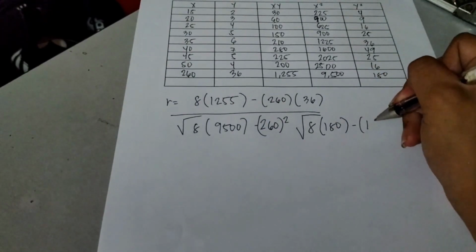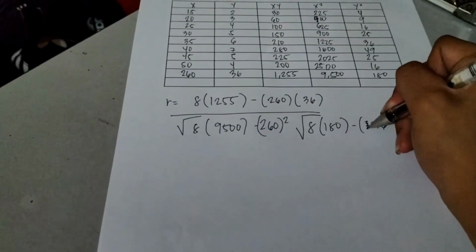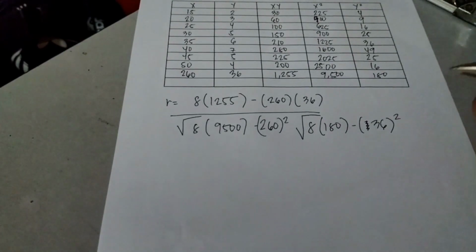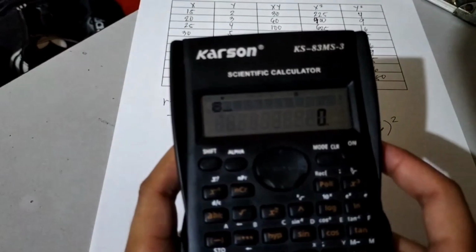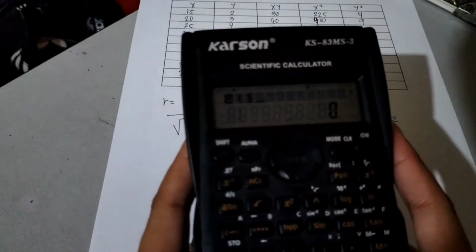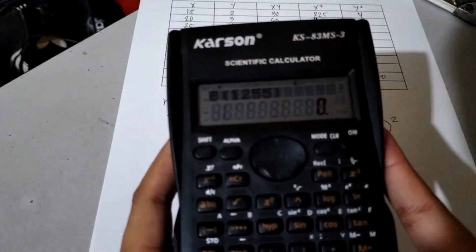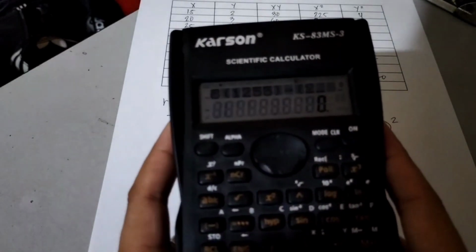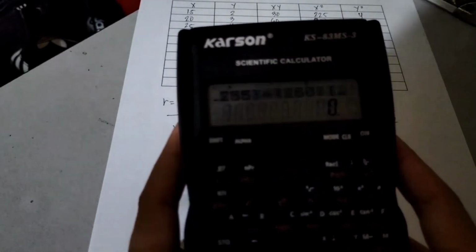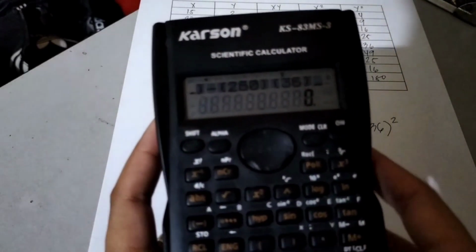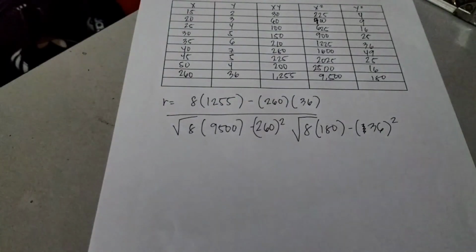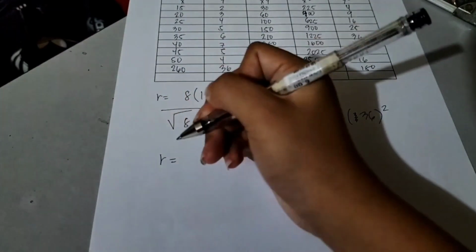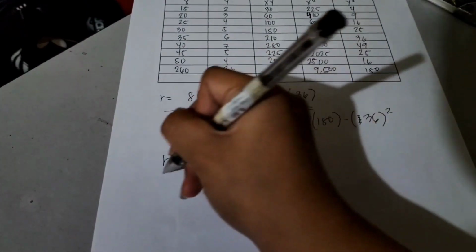Sa sunod naman sa y part, square root uli and sample size, total ng y squared, and then yung total ng y. So, one-liner lang natin sa calculator uli yung numerator. And ito total na natin siya. So, ang total ay 680.